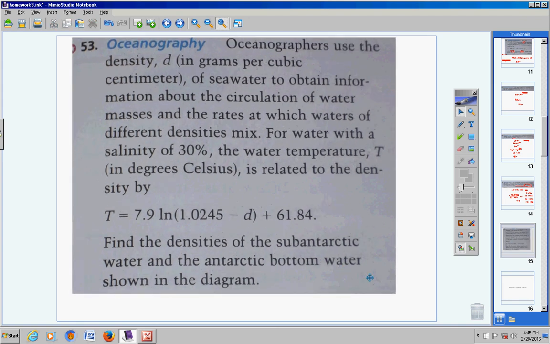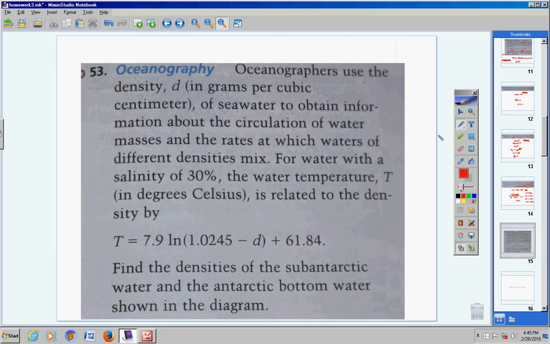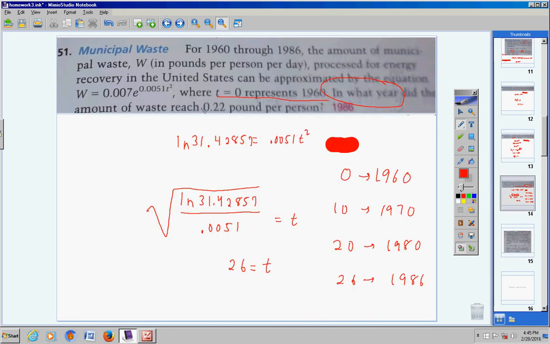Before I slide this up, let me point some things out to you. These problems all sound so difficult, and they're just really so simple, guys. You're just figuring out what each variable stands for, then making a substitution. Even this last problem seems so difficult, but we figured out what each variable stood for, made our substitution, then solved.